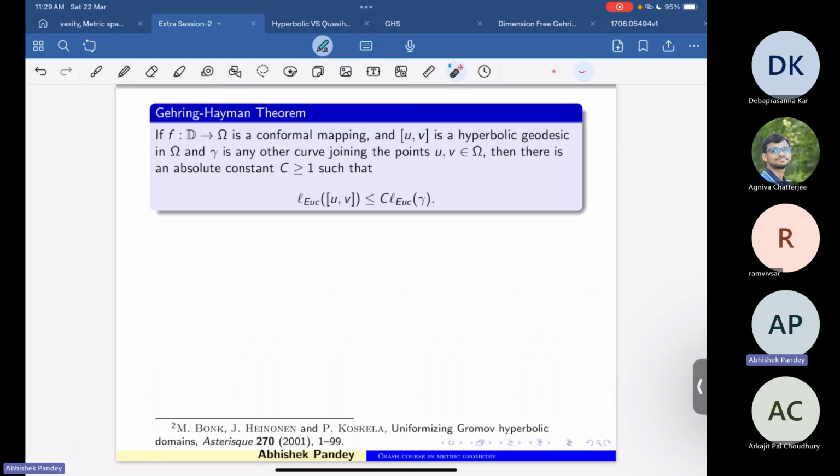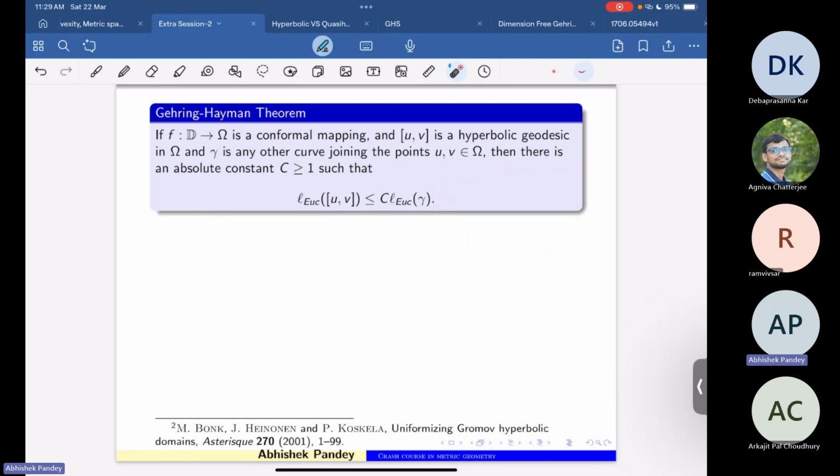If you see the unit disk case, this will also hold, as this is also less than or equal to c times the infimum of the Euclidean length of gamma. Since the unit disk is convex, this infimum is achieved by a line segment, so it is c times modulus of x minus y.